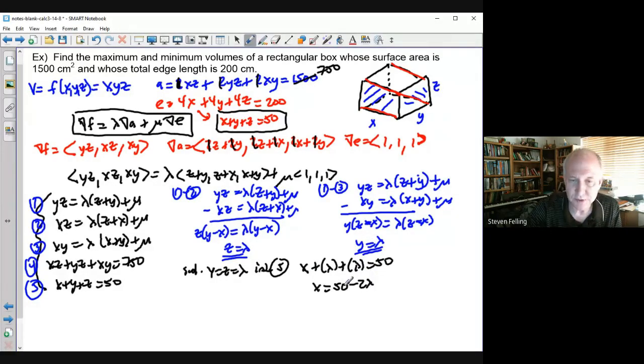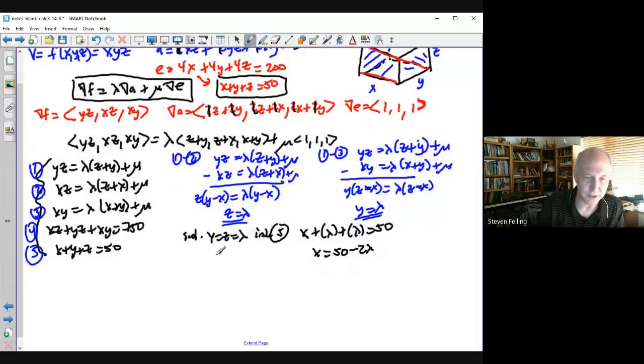And then if I substitute y and z equal to lambda into equation 4, I would get, let's see, x times z, which is lambda, plus lambda for y, and lambda for z, plus x times y, which is lambda, is 750, right?